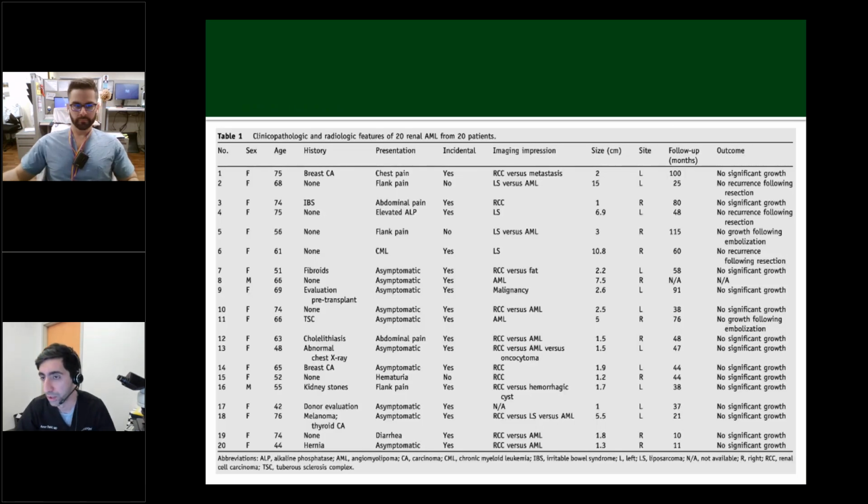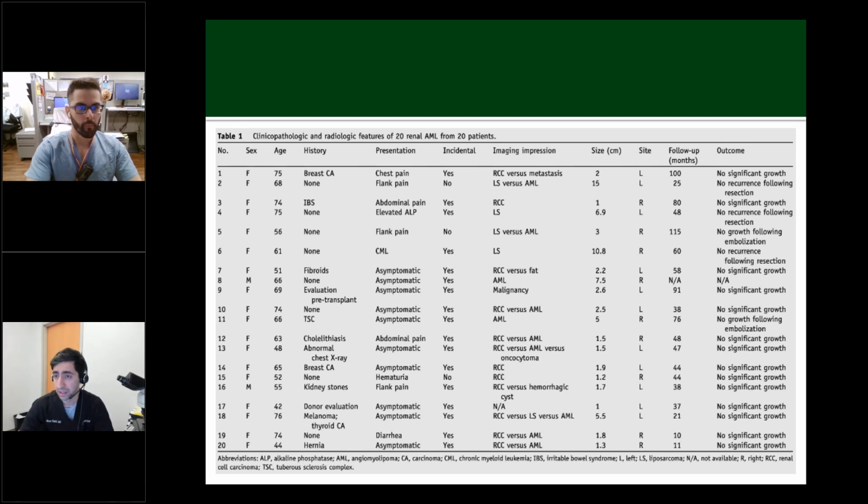This is a table in the paper that shows the clinical, pathologic, and imaging characteristics of the 20 confirmed angiomyolipomas, summarized in the table shared by the authors.